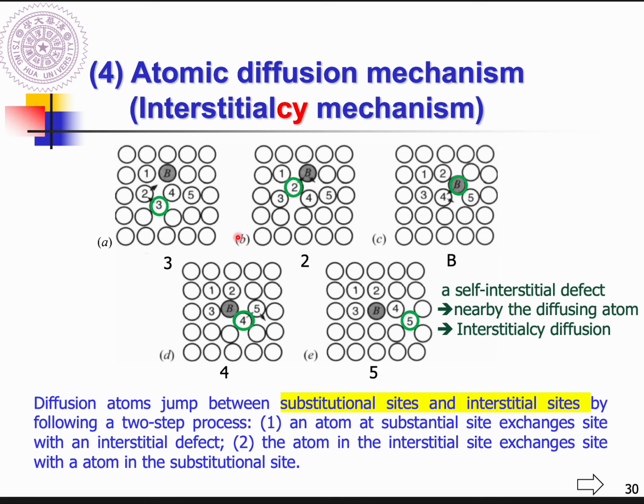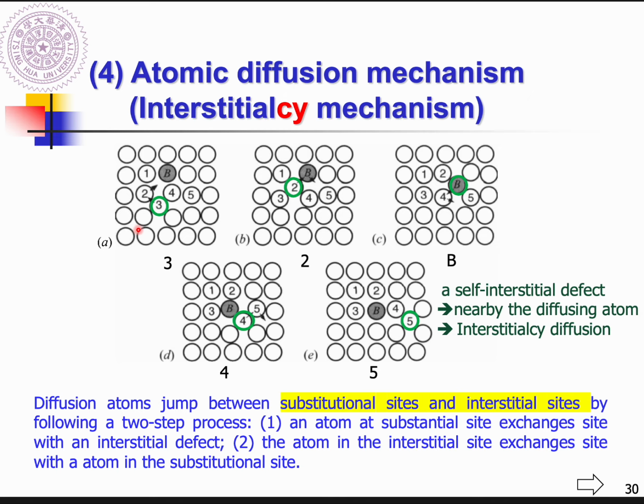So if I use this figure as an example, we can see the host atoms, right? And we use the gray circle to represent the diffusing atoms. Now we use the blue circle to label the atoms at the interstitial site.